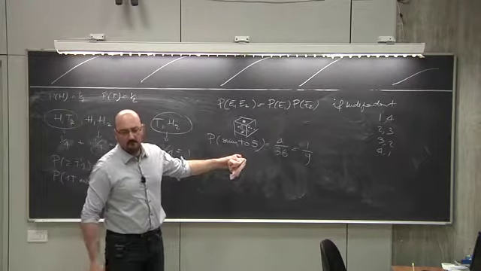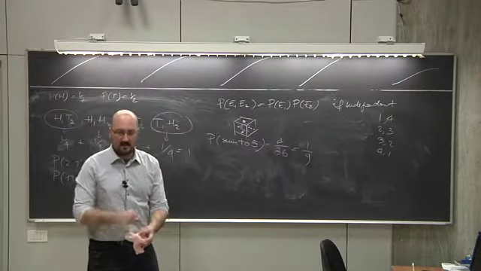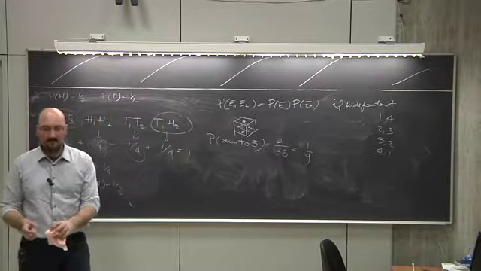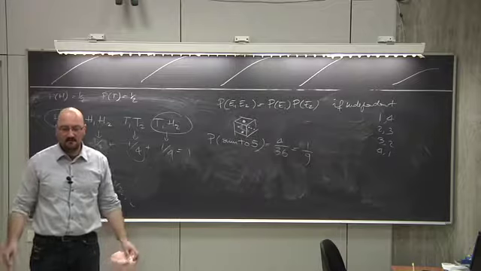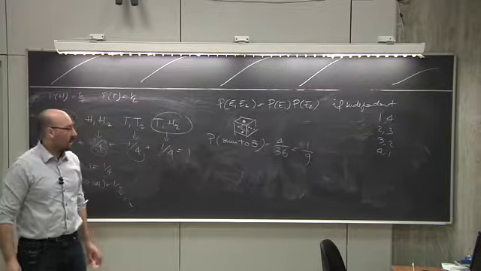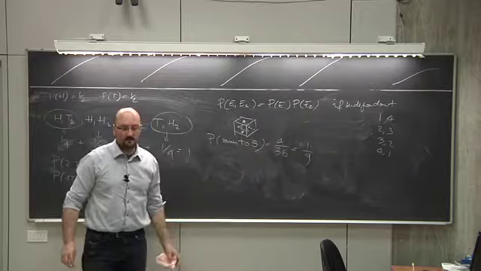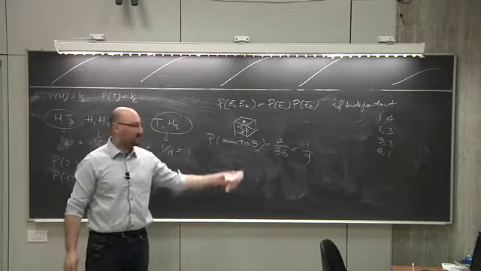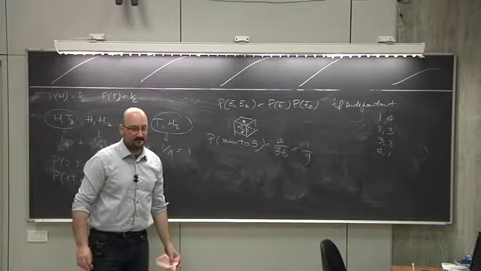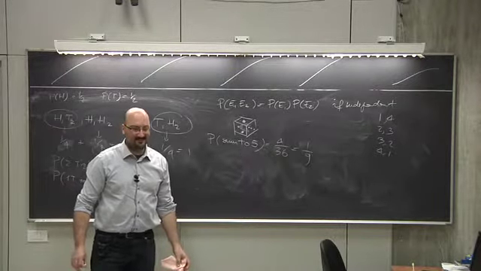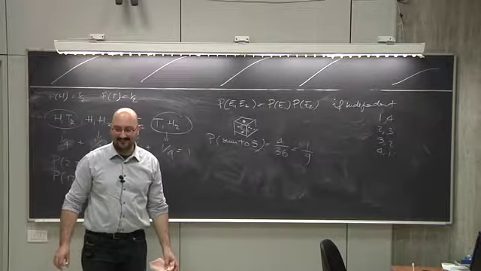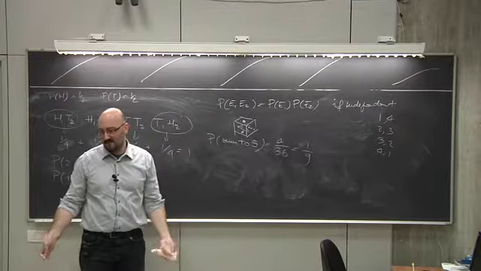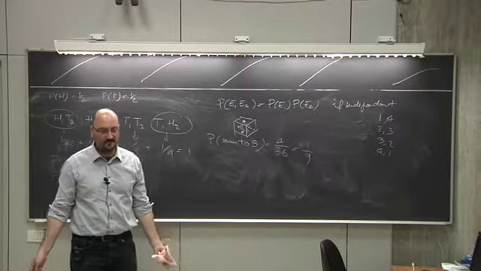I'm asking about the sum, so I'm only looking at the sum of the numbers. It doesn't matter if it's on the red or on the blue. I'm not looking at the color of the die. What's the probability that they sum to 6? I have to list down all the possibilities. Do you expect it's larger or smaller than this? It is slightly larger than 4 over 36.